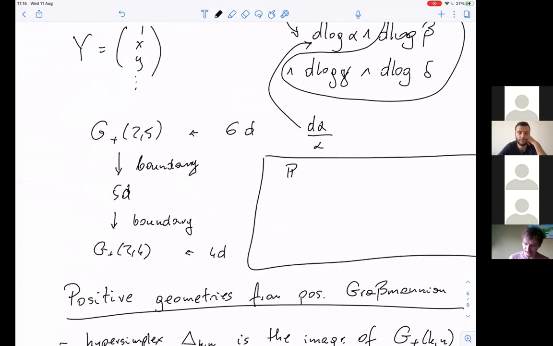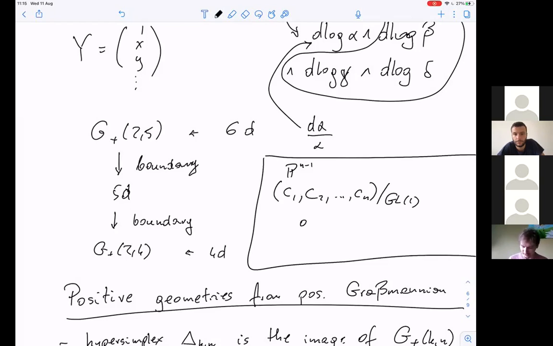If you take P^(n-1), it can be parameterized by x1, x2, up to xn modulo GL1, because modulo rescalings. Let me use C's to make the relation to the other one clearer: C1, up to Cn.